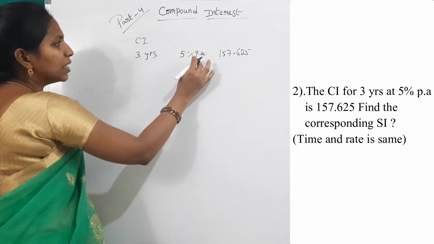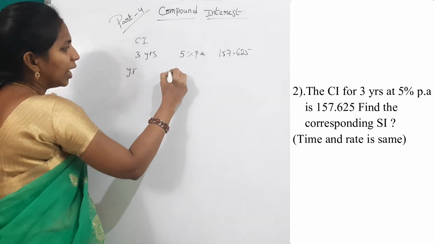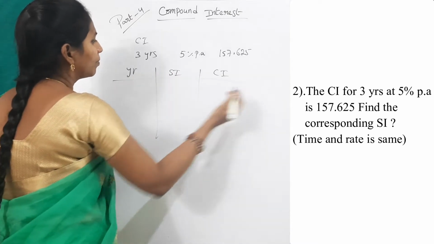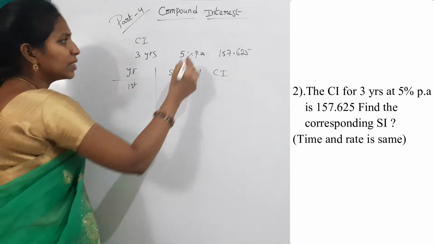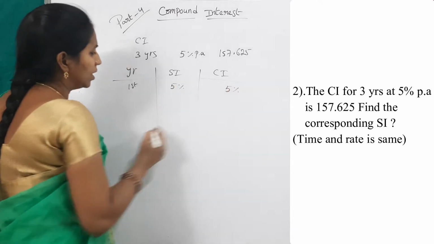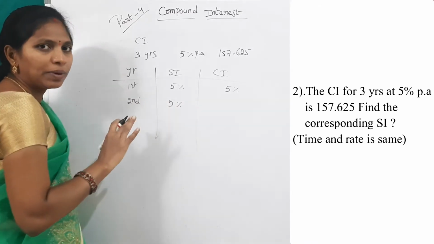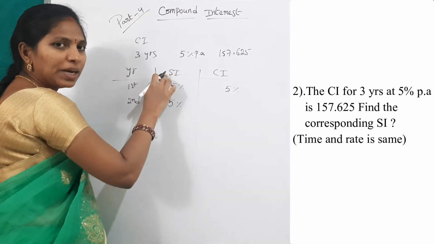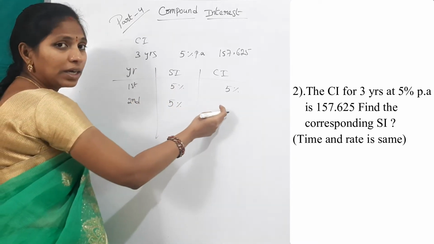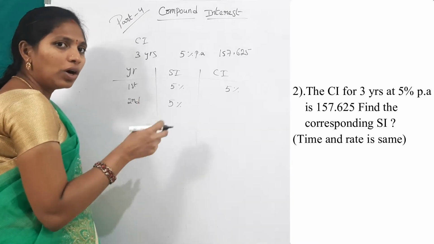Okay. 5% per annum. Suppose here years and simple interest, compound interest. First year, simple interest is 5% only, but here compound interest is 5%. And second year, same 5%. In simple interest, the rate of interest is same in each and every year. But in the case of compound interest, that is different. Interest is calculated on interest.